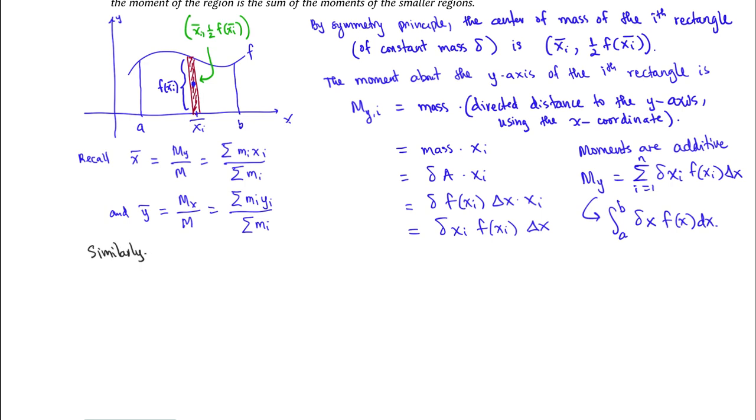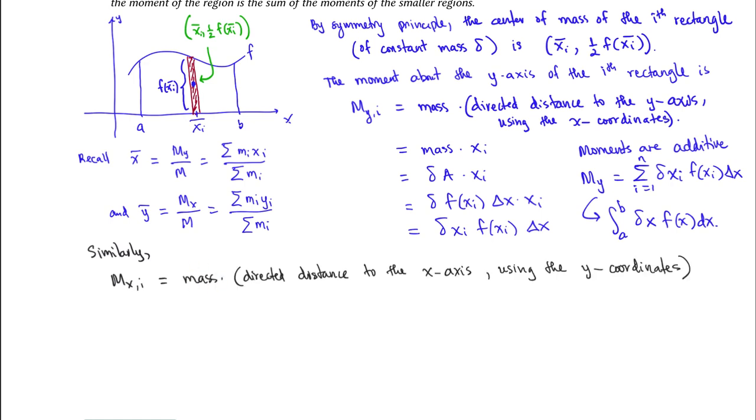Similarly, the moment about the x-axis is the mass times the directed distance to the x-axis using the y-coordinates. The mass is the same, the density times the area of the ith rectangle, but the directed distance is now 1/2 y_i, where 1/2 y_i is at the center of the rectangle.